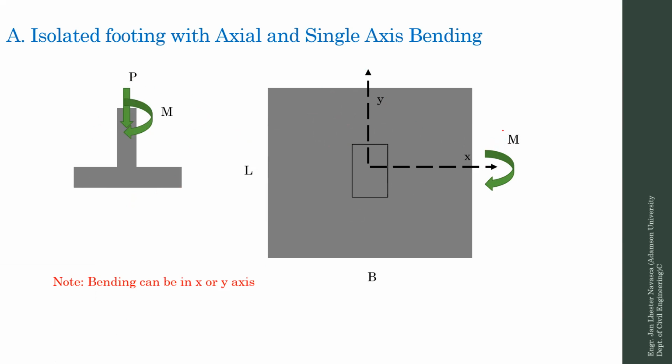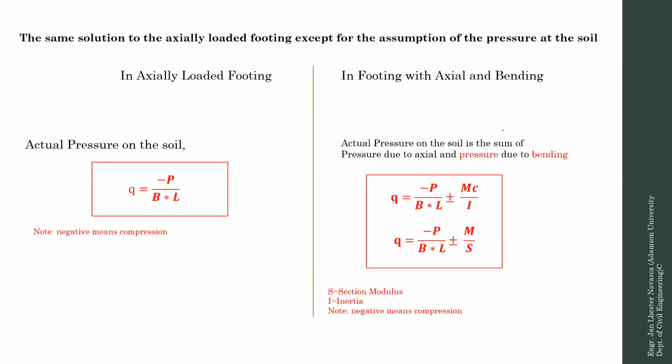So either anong side, it doesn't matter. So the same solution to the axially loaded footing except for the assumption of the pressure at the soil. So ibig sabihin lahat ng theories ng one-way shear, ng punching shear, ng required area, ng moment is the same except for the assumption of your pressure at the soil.